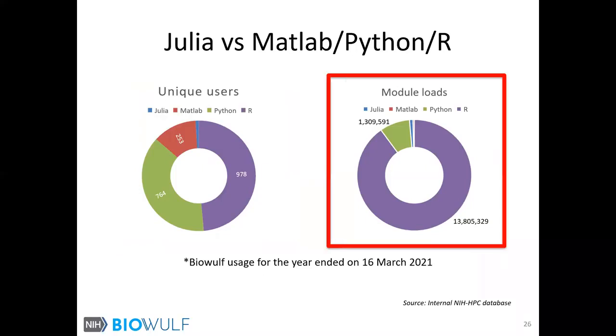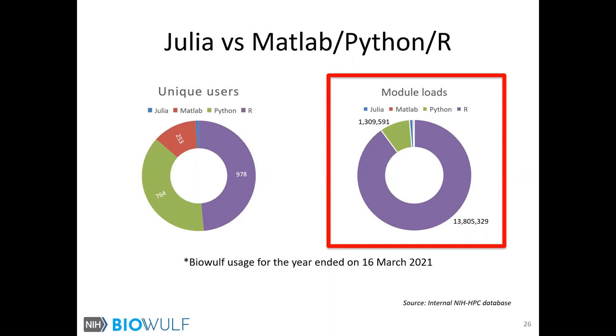Now the number of module loads for Julia compared to MATLAB, Python, and R, on the right-hand side of your screen. For those of you who are not familiar with how applications are organized on Biowulf, applications are organized as modules.